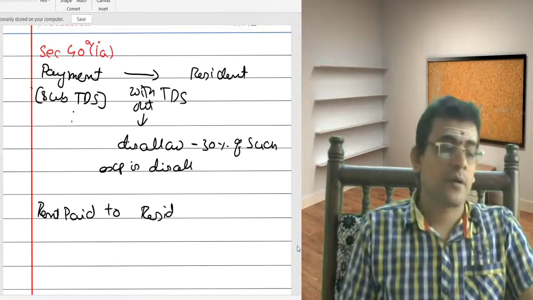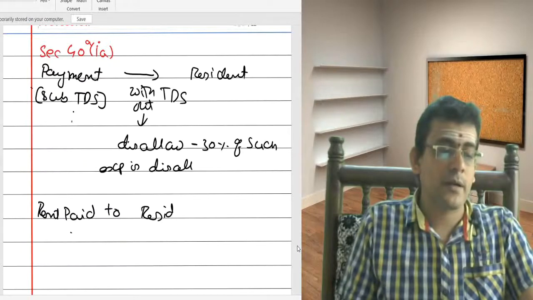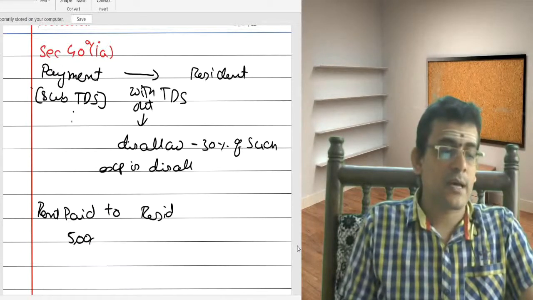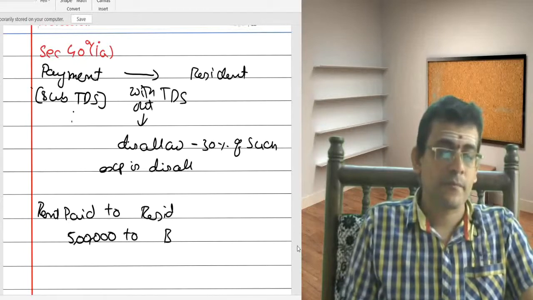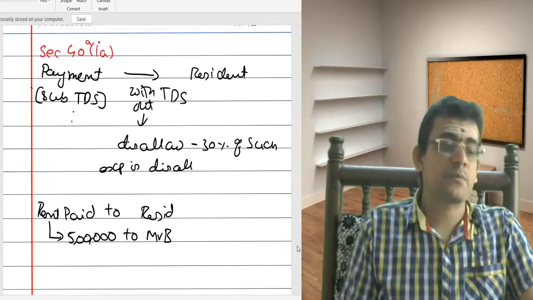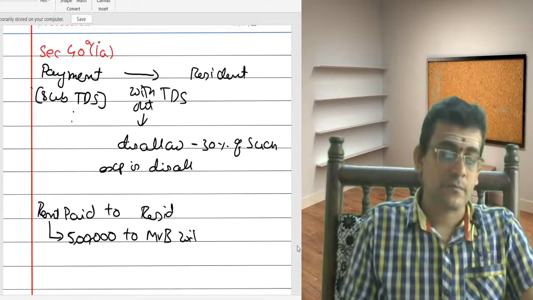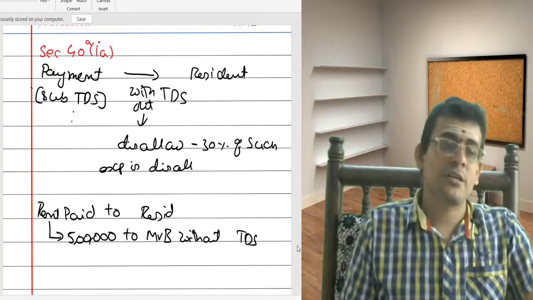You are making payment of rent. Let us consider you had paid 5 lakh rupees as rent to Mr. B. So rent of 5 lakhs is paid to Mr. B without TDS. You were supposed to deduct TDS at 10%, but failed to deduct it.